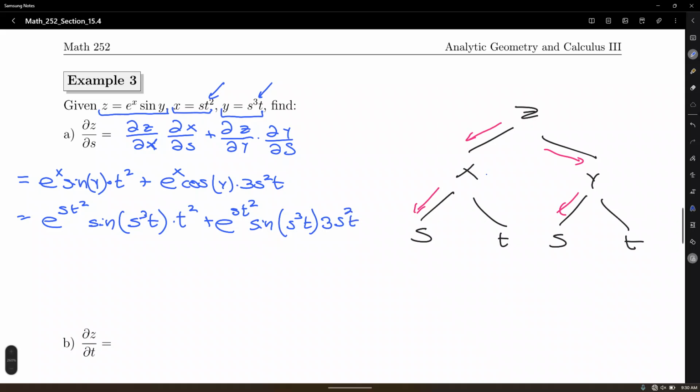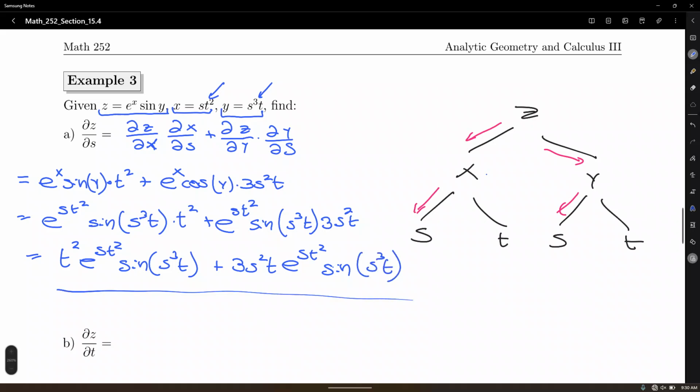And to be honest, guys, there is really not that much to do other than putting the coefficient: t squared e to the s t squared sine s cubed t plus 3s squared t e to the s t squared sine s cubed t.